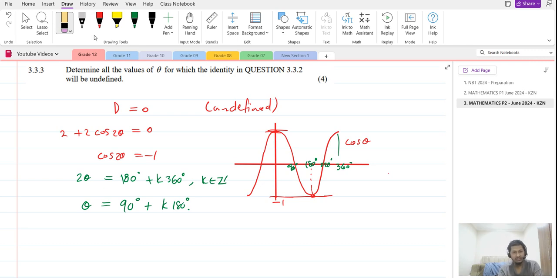Let's check if our answers are correct. Just checking if we did this correctly, 2 theta is 180 plus K360, so theta is 90 degrees plus K180.